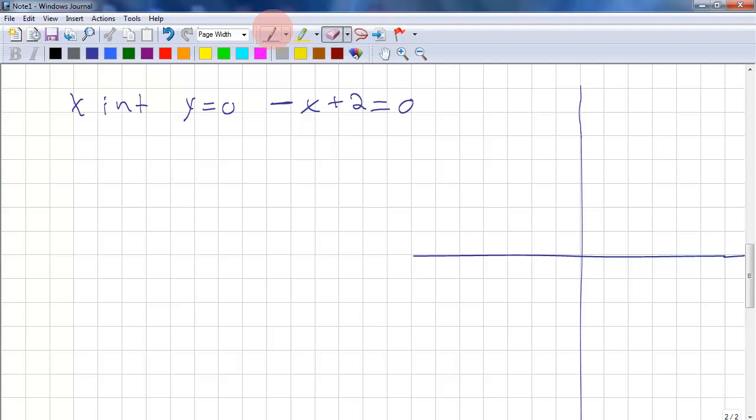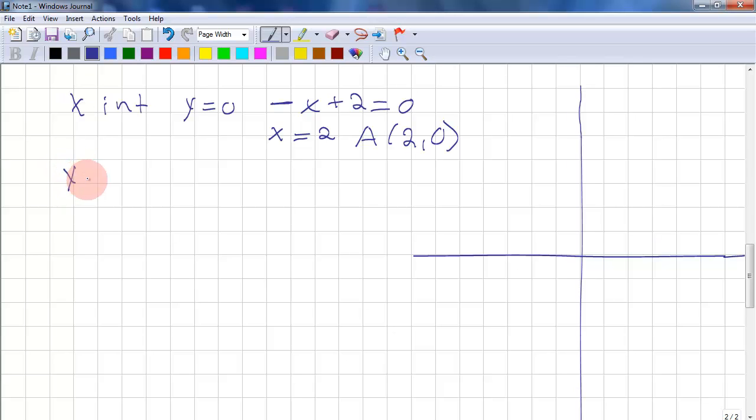Okay, so then x is equal to 2. When we bring the x over to the other side, it's x equals 2. So we could say point A is 2, 0. That is the x-intercept.